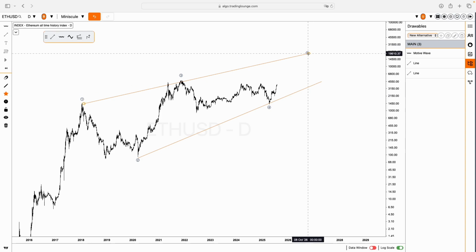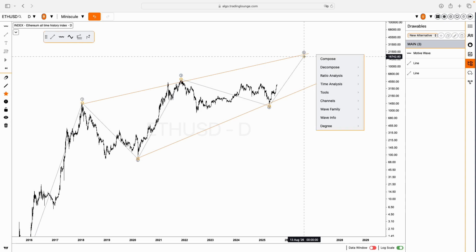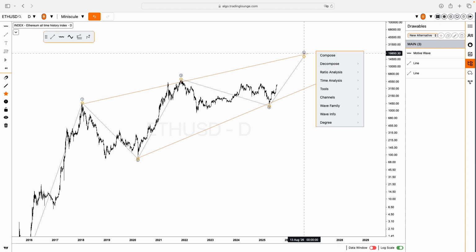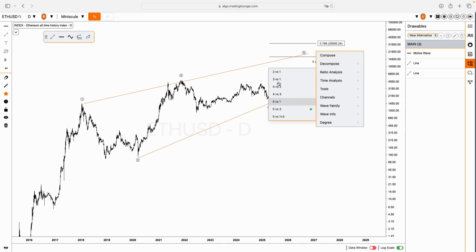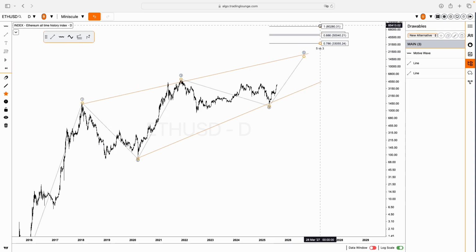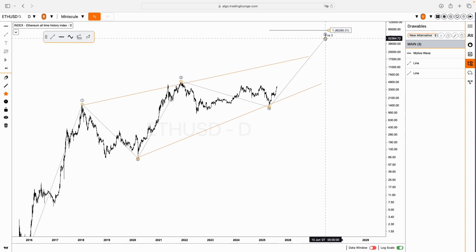So this is possible. And if it is a diagonal, in this case, you can clearly see a contracting one, meaning that each wave is shorter than the one before. 5 shorter than 3, 3 shorter than 1, 4 shorter than 2. That way, then wave 5 needs to be shorter than 3. So ratio 5 and 3. Equality stands at 80,000. So that is the invalidation point, 80,000.